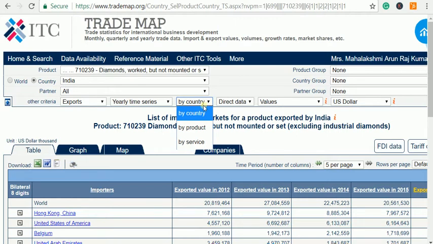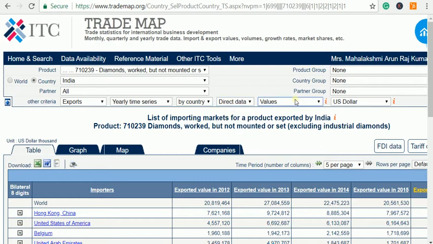Here you can choose the factors either by country or by product or by service. Here, direct data or mirror data. Direct data means the data collected directly from the Indian customs. Mirror data is the data collected from the importing country's customs. So it is just a reflecting factor of a particular country's export. It is not the direct data from that country.